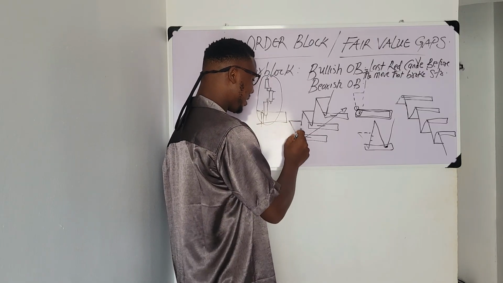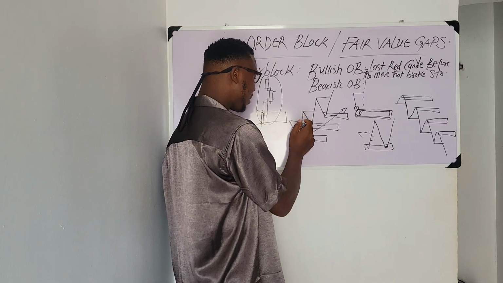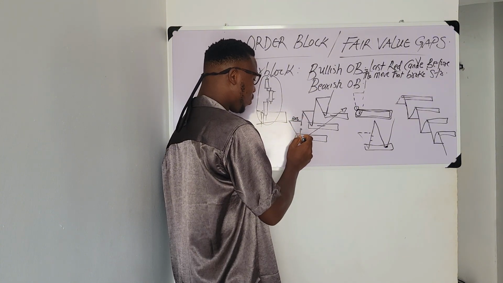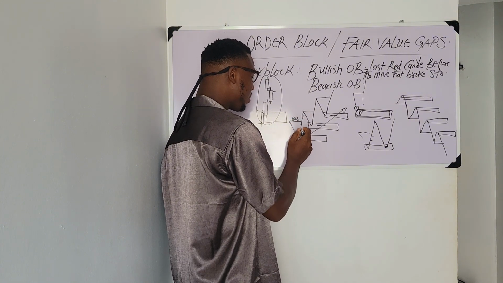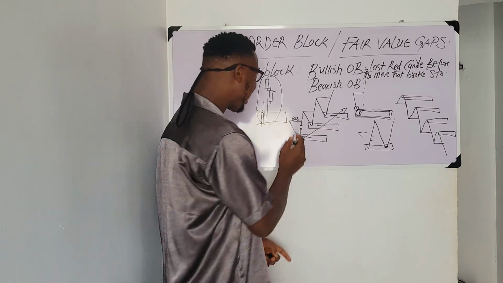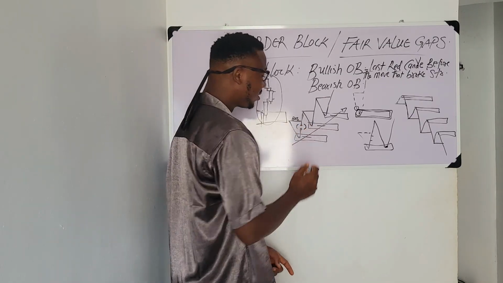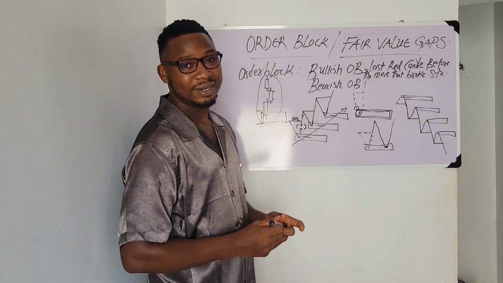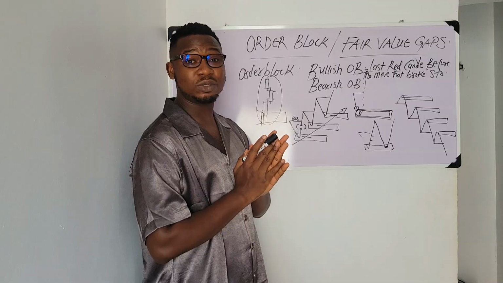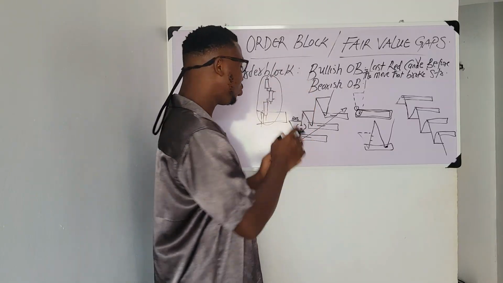Imagine price came down from this point, pushed and broke structure. This is break of structure. It broke structure, but as it was going to break structure, there was a gap. It left a gap. This gap now becomes a fair value gap. It's an imbalance. It will be more clear when we get to the chart, when we start analyzing. Then I will show you all of this.